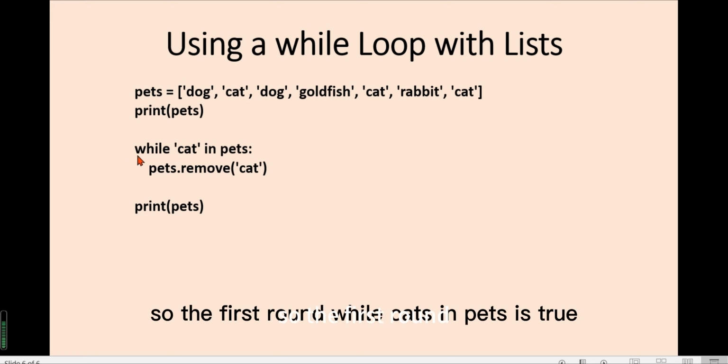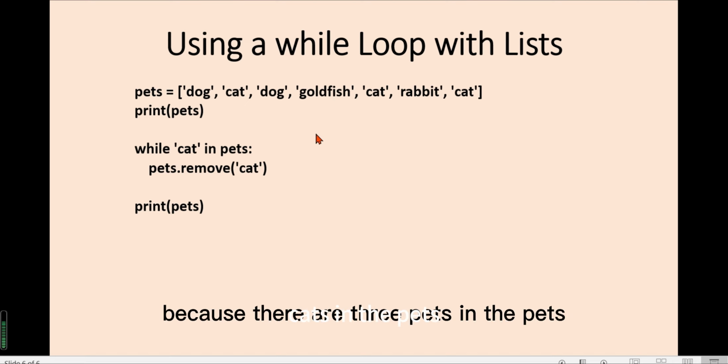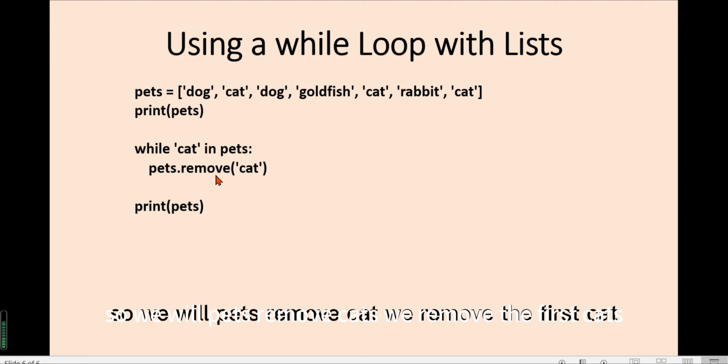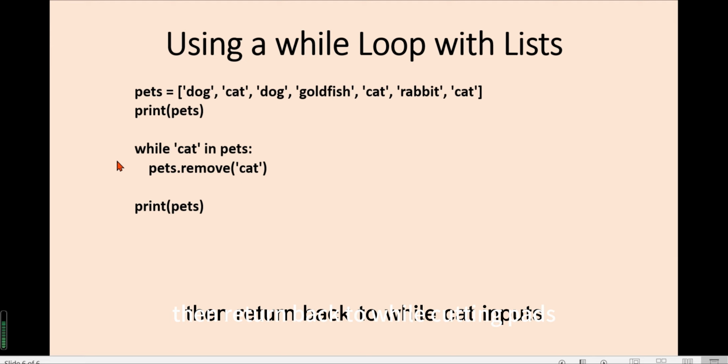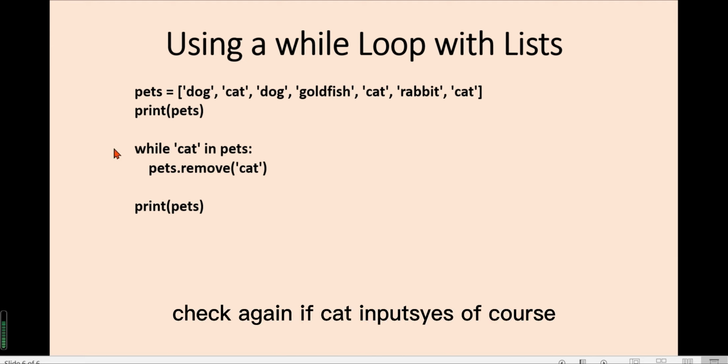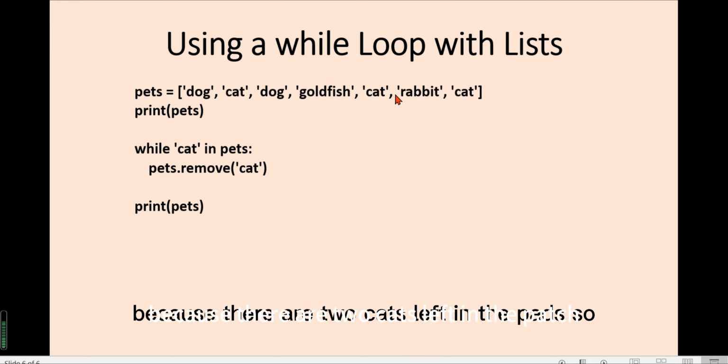In the first round, while cat in pets is true because there are 3 cats in pets. So we do pets remove cat, and we remove the first cat. Then we return to while cat in pets and check again. Yes, because there are 2 cats left.